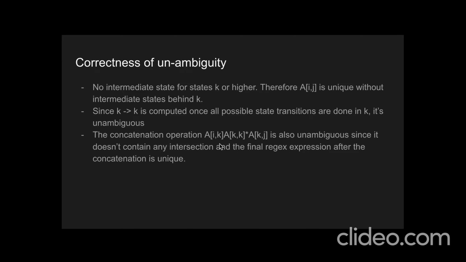If you consider a state transition from i to j, and there was a state k that existed between i and j, obviously first the state i will go to state k, and then the k state will have a cyclic operation to itself via the Kleene star operation, and then the k to j operation will occur. So therefore, this concatenation operation makes sense.